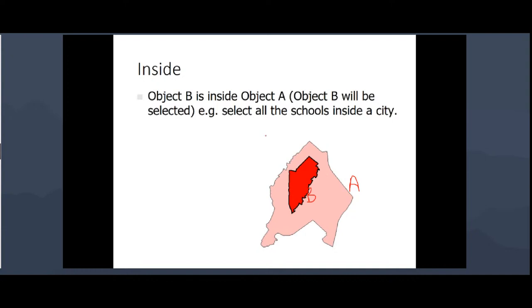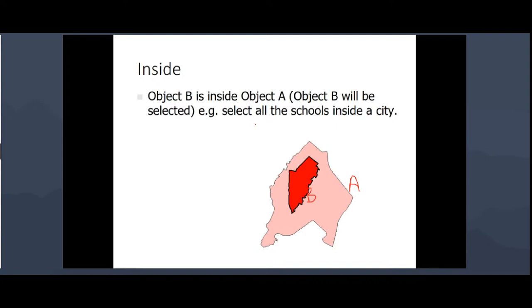So query can be select all the distribution centers in Dehradun, select all the distribution centers in Uttarakhand. That kind of queries are answered by the inside relationship.